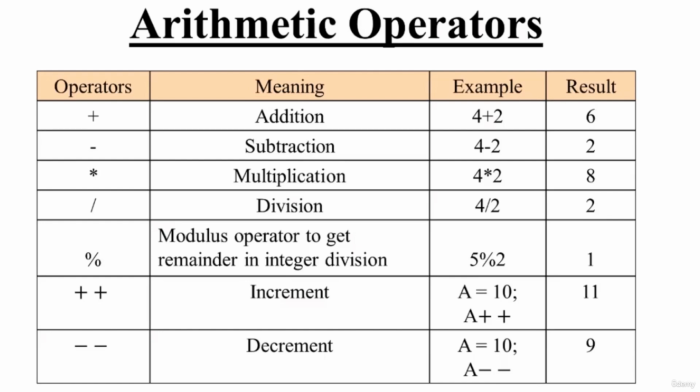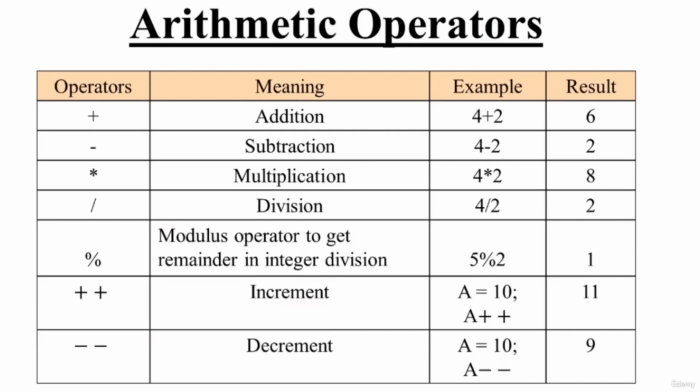In the quotient it will be 2, and in the remainder it will be 1. So the division operator will take the quotient part, while the modulus symbol will take the remainder part. So both are related to division only. One is dealing with the quotient, and the other is dealing with the remainder.